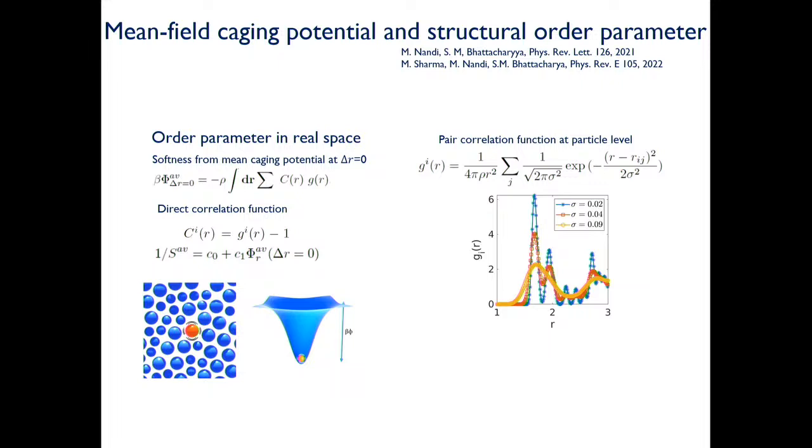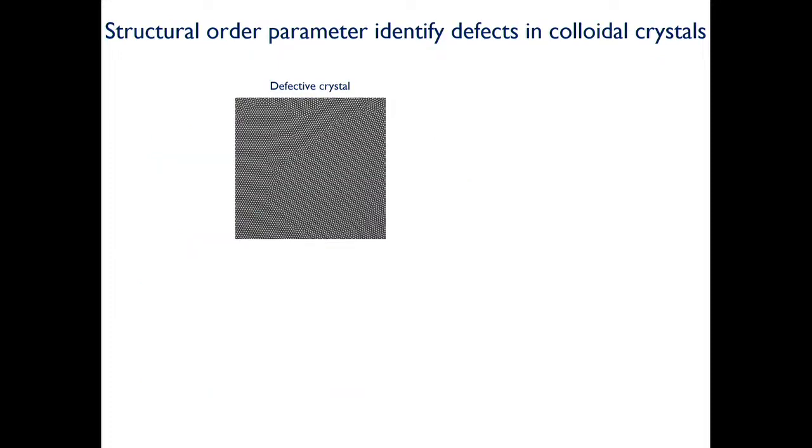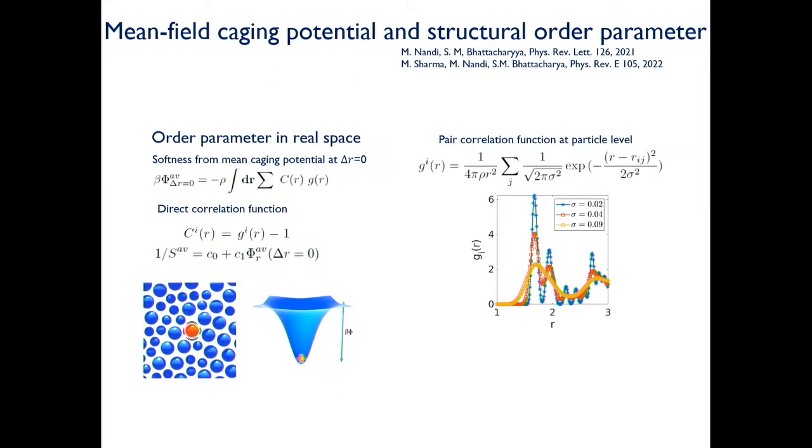Then you optimize the sigma so that you retain some of those local density fluctuations, and that's how you come up with the optimal value of sigma that we use in our experiments. Using this formulation, based on the coordinates of the particles, we can compute the local caging potential and the local stiffness, or the inverse of the stiffness, which is the softness.